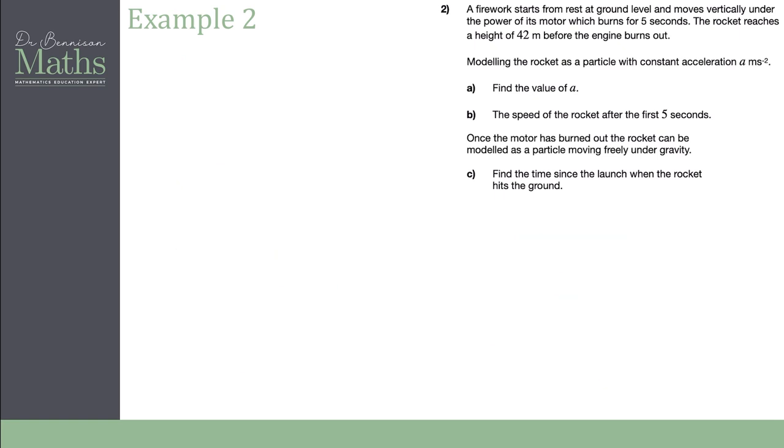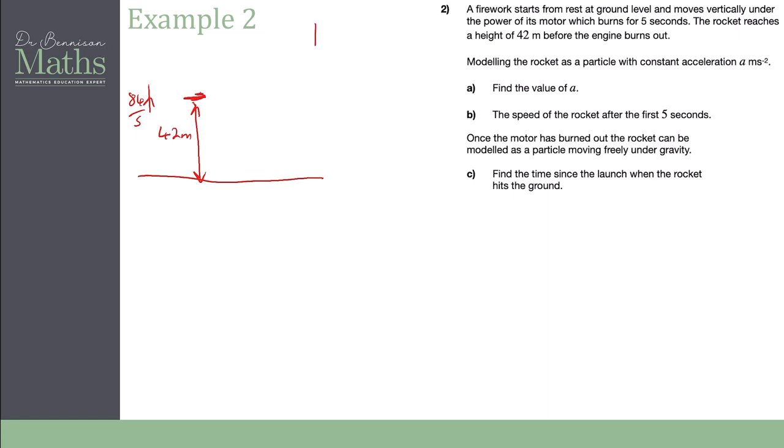becomes a little bit harder, and I think it helps to think about what happens here. So imagine you've got the ground. In the first 5 seconds, it reaches this point here, and this point here is 42 meters high. It's moving now at speed, and we know that the speed at this point is 84/5, and the motor then burns out, so there's no acceleration upwards anymore.